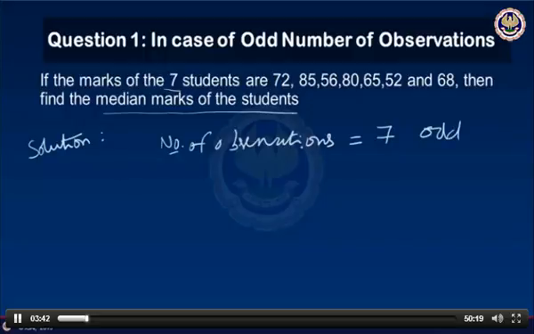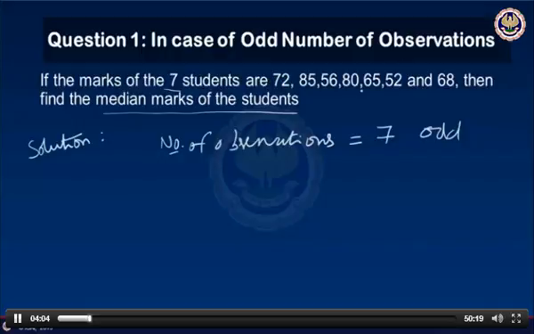First, see that the data has an odd number of observations. Then the second step is we have to arrange the data in increasing order of magnitude. Look at this data first. Which one is the smallest? Accordingly we have to arrange the data.